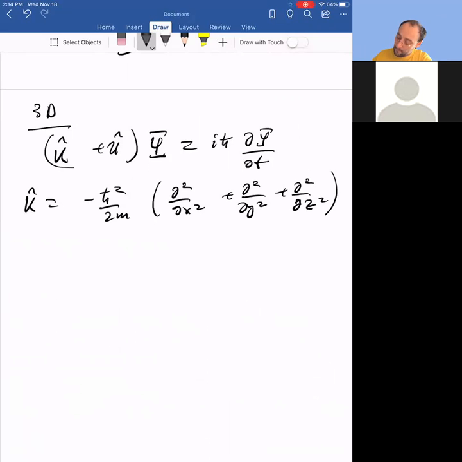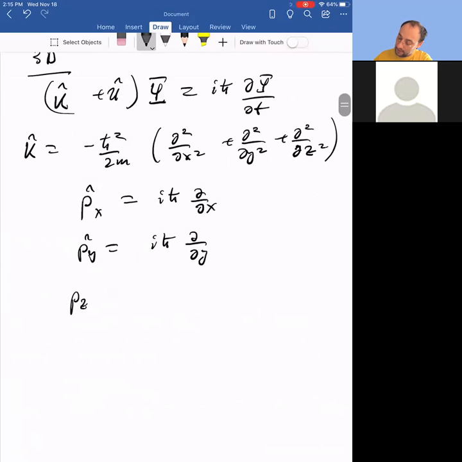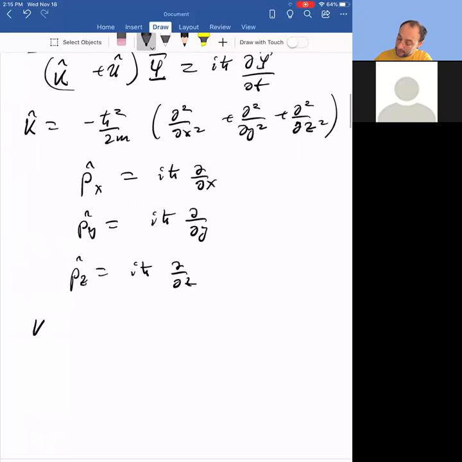In fact, there's a momentum operator in the x direction, there's a momentum operator in the y direction, and there's a momentum operator in the z direction. And you can see that the kinetic energy operator is just made up of these momentum operators.